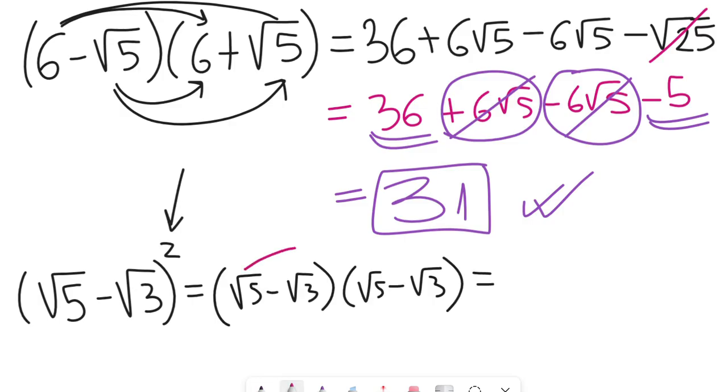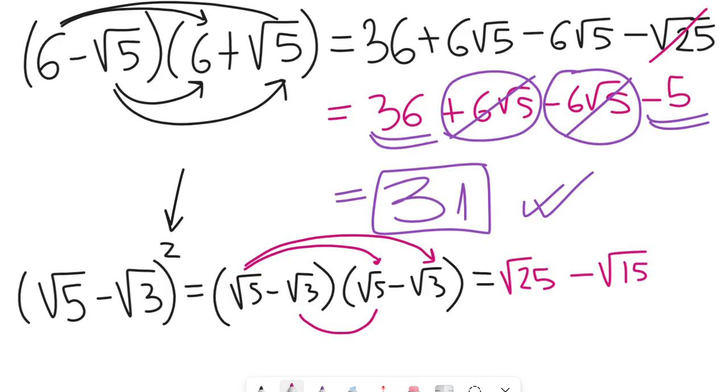Alright, square root of 5 by square root of 5 will be square root of 25. Square root of 5 by square root of 3 will be square root of 15. Square root of 3 by square root of 5 will be again square root of 15. And finally, square root of 3 by square root of 3 plus square root of 9.